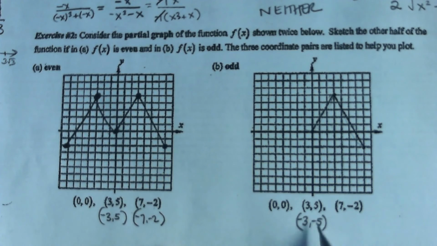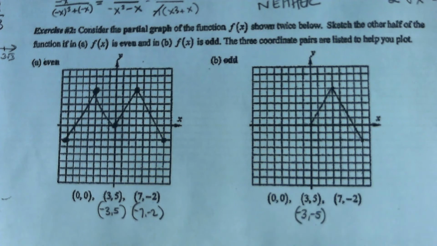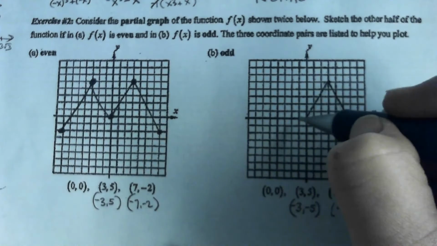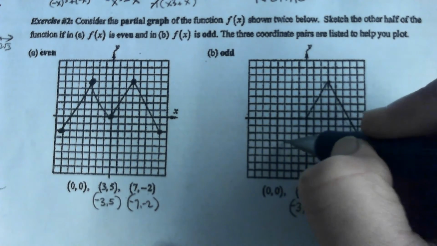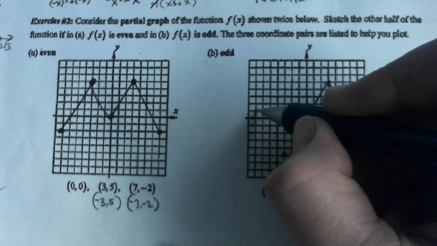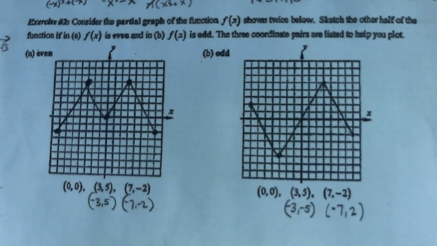What's the rule to flip a point over the origin? Flip both signs. So 7, negative 2 would become negative 7, positive 2. So just do those. And you've got an odd function that looks the same right side up as it does upside down. Good?